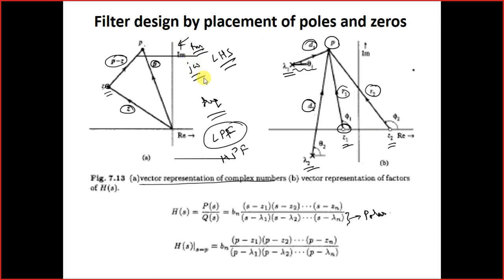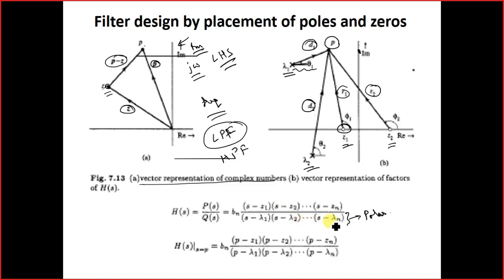So we have understood how to calculate the distance, we have understood how to calculate the phase, but we have taken a point P which was lying anywhere on the plane. So what we have to do is get this point to the imaginary axis because we are just interested in the frequency component.